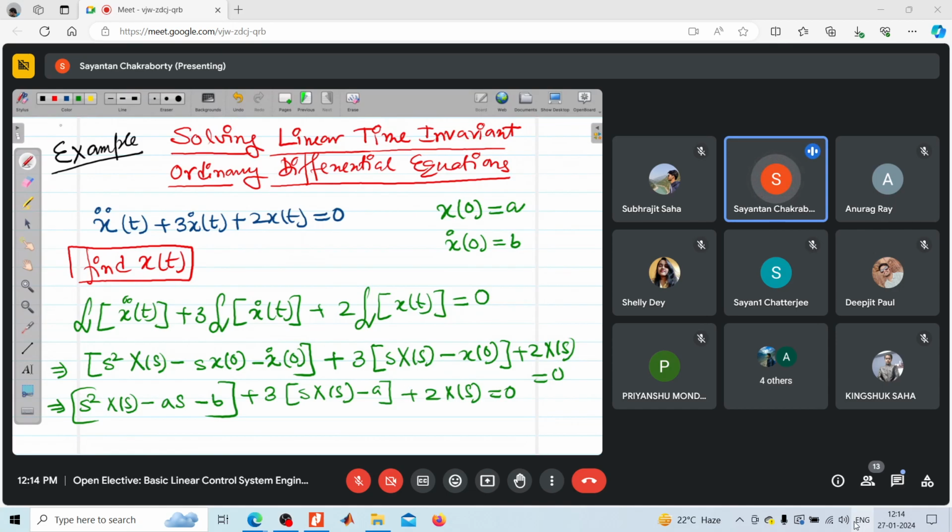Now, upon simplification, this will yield, just take the X(s) terms.